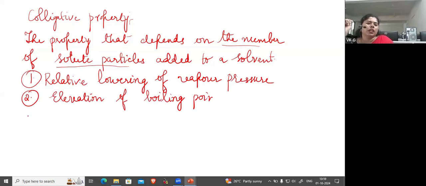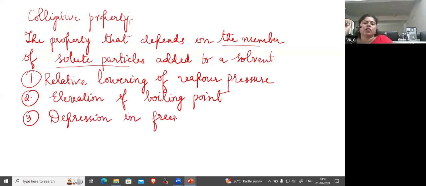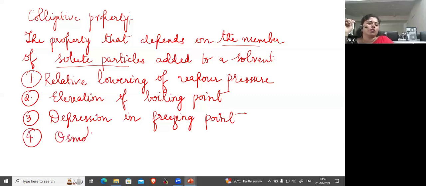Then you have depression in freezing point. And the last one that you have is osmotic pressure. So 4 colligative properties will be covered in this chapter, which is the last part.